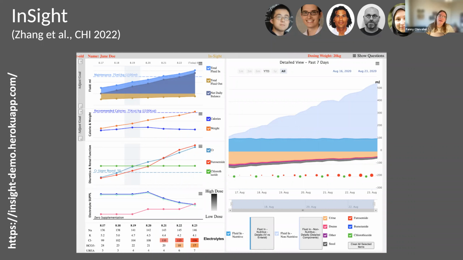Why? Because formulating patient problems from this interactive, multi-purpose dashboard is cognitively demanding and requires expertise. If I'm telling you, can you tell me whether the fluids in are sufficient for this patient? Not all of the views that you see in this dashboard are relevant for answering this question.